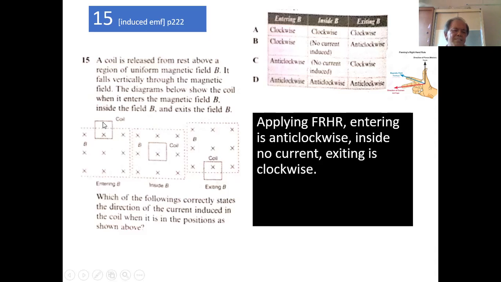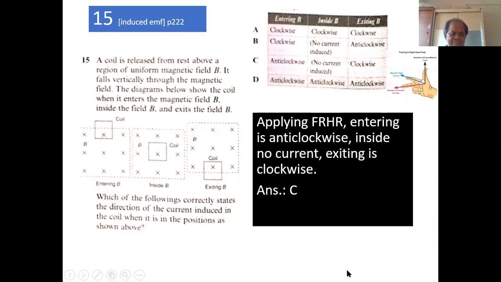Looking at this part, the current should go to the right. So the answer is C. If this is anti-clockwise, these two are in the same direction, to the right, but this one will be clockwise.